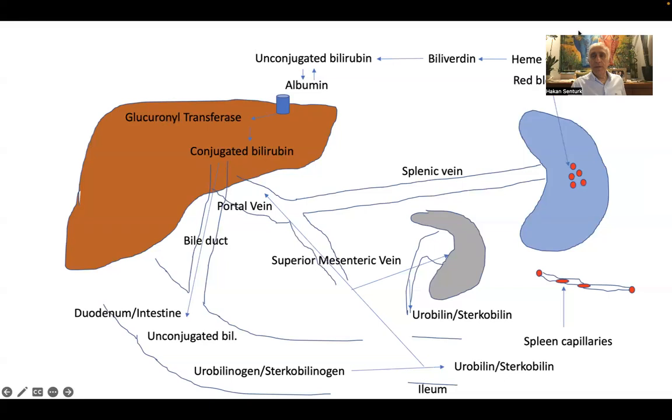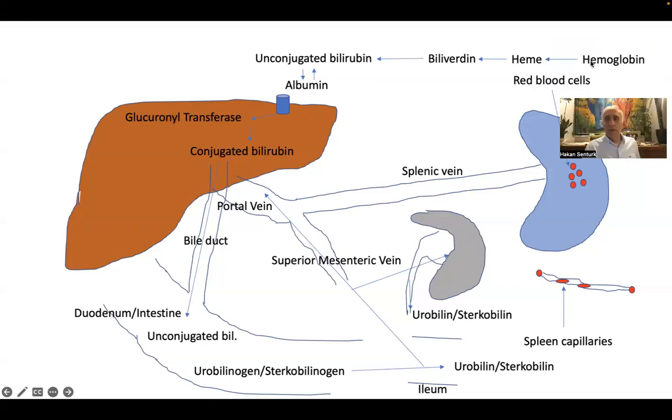Hemoglobin is converted into its components, and heme is converted to biliverdin. Biliverdin is converted to unconjugated bilirubin, and unconjugated bilirubin is released into circulation.